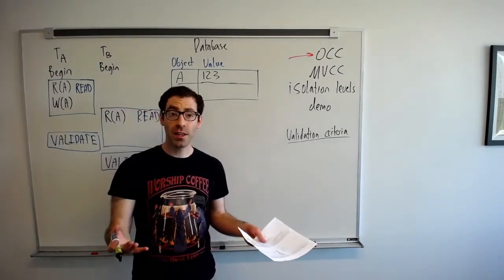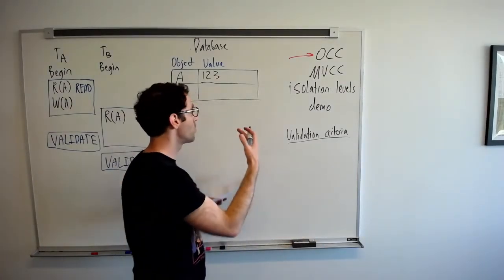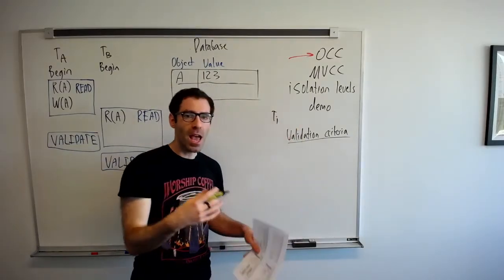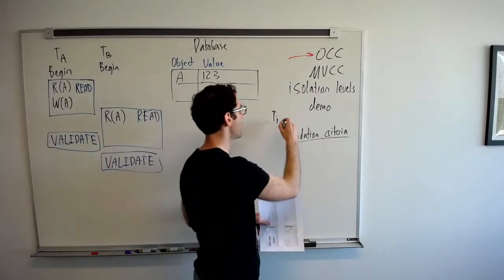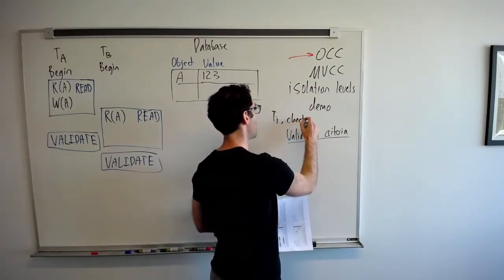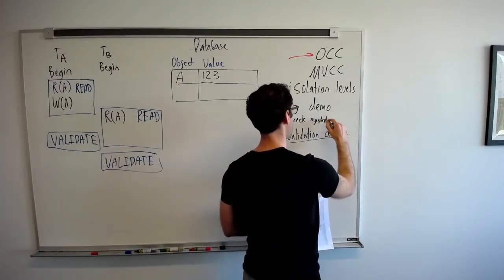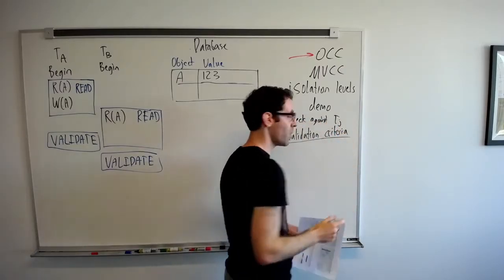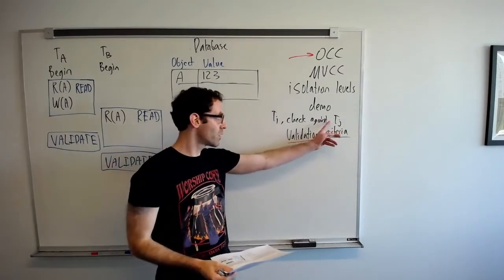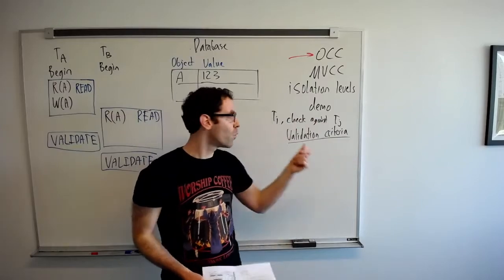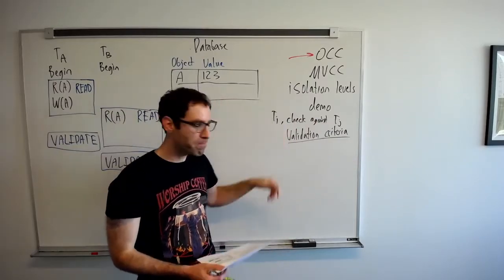Okay, let's talk validation criteria. So let's say we're validating some transaction Ti, and we want to check against some other transaction or set of transactions, Tj, that are active when we go to validate Ti.